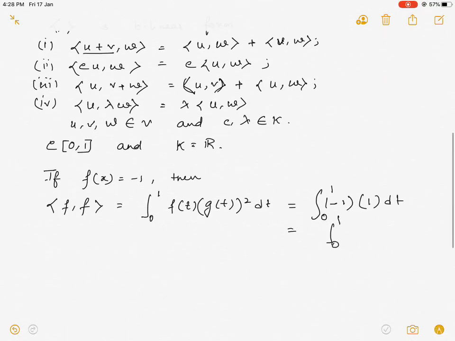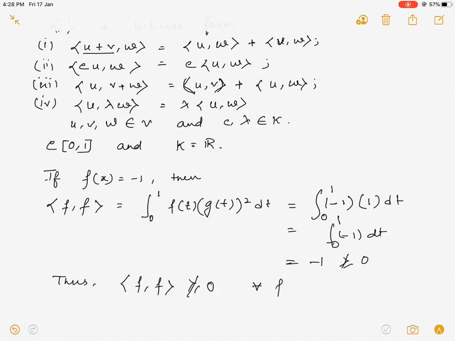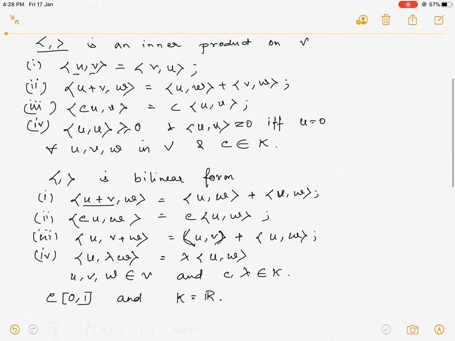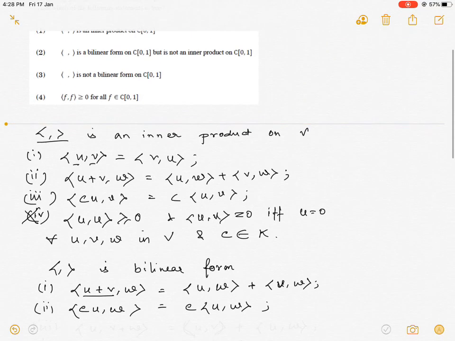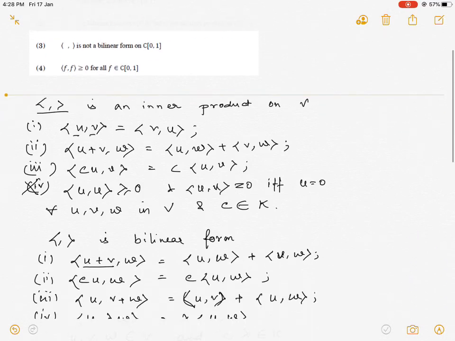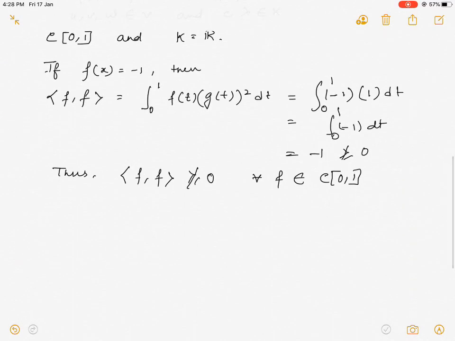Hence the integral from 0 to 1 of minus 1 dt gives us minus 1, which is not greater than or equal to 0. Thus this need not be greater than or equal to 0 for all f in C[0,1]. Hence this axiom 4 is not satisfied and this function is not an inner product.